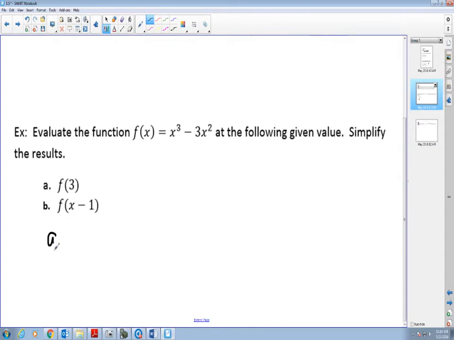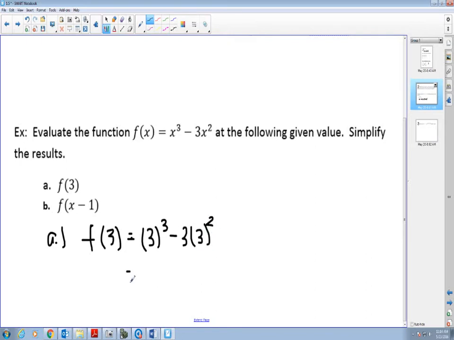So for part A, f of 3, we will substitute 3 for x. I will put my 3 inside the parentheses to the third power, minus 3 times 3 squared.